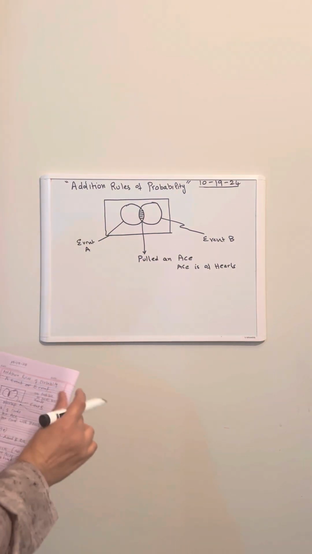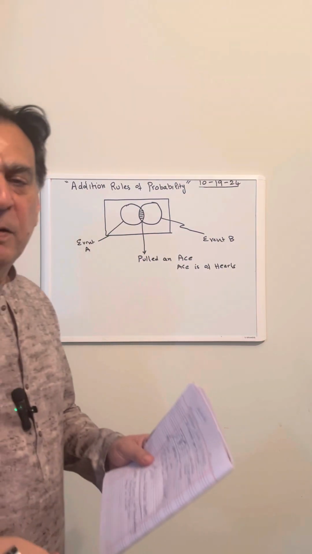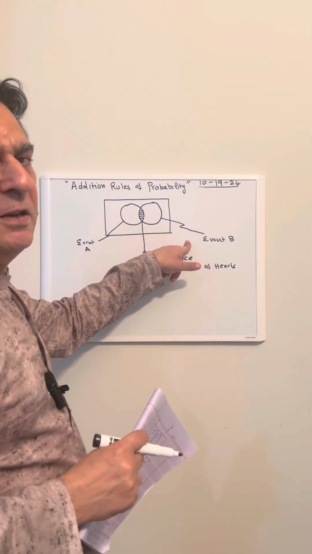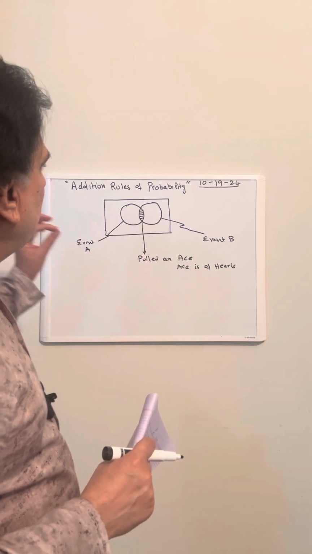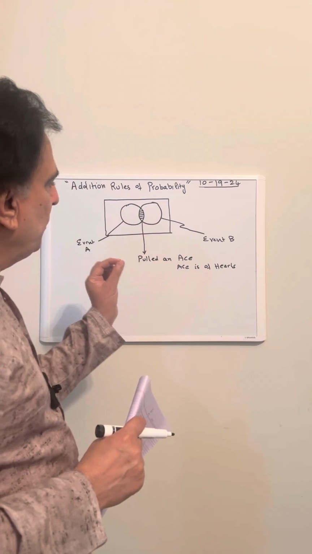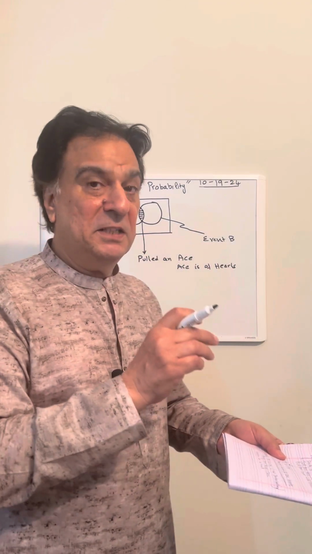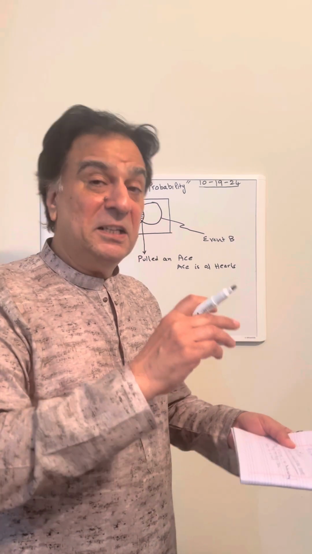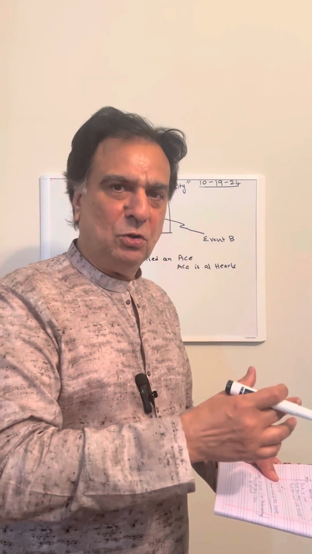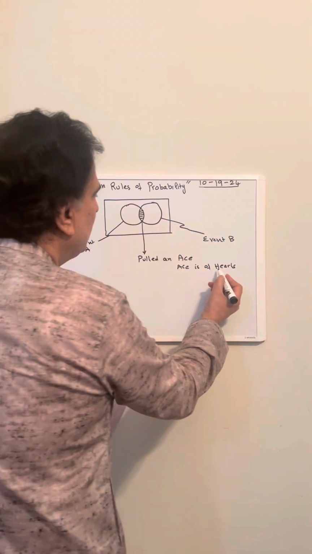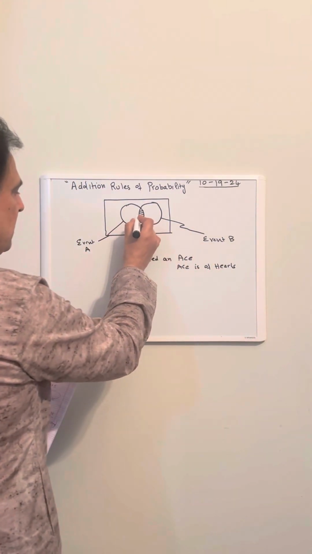So, like I said, if you flip a coin, you can have either event A or event B. But in this particular case, we're adding the probability. We're saying, yes, I can pull a card and it's an ace, and yes, it's an ace of hearts also. So then you pulled an ace and you pulled an ace of hearts. And this right here is the intersection.